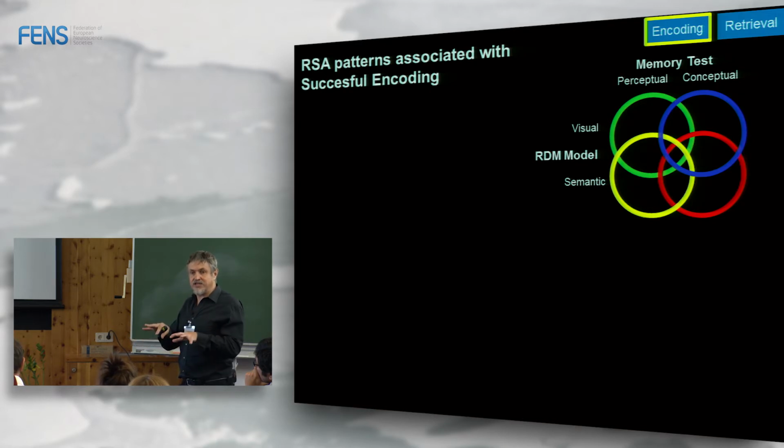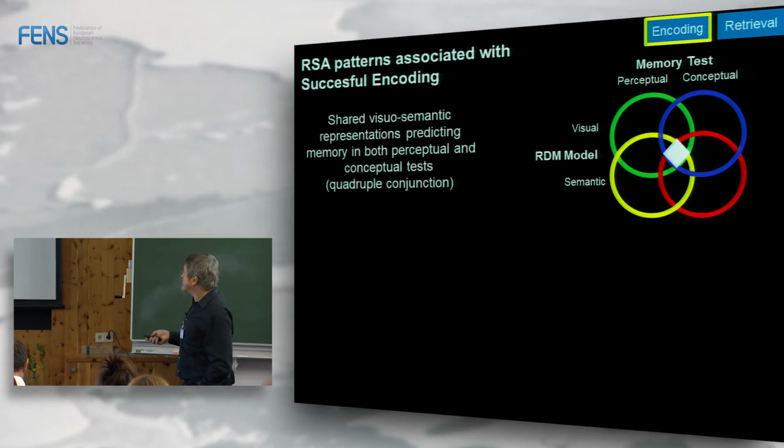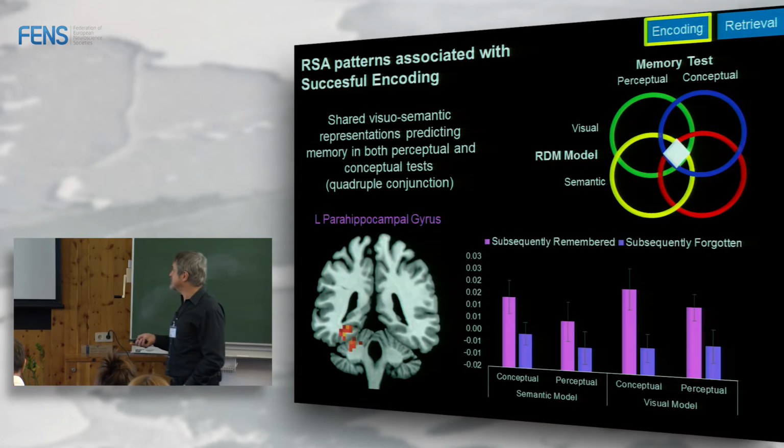So one analysis gives you the regions that show sensitivity to the properties of the objects, and the other factor is whether those voxels or that similarity is associated with better memory in the two tasks.